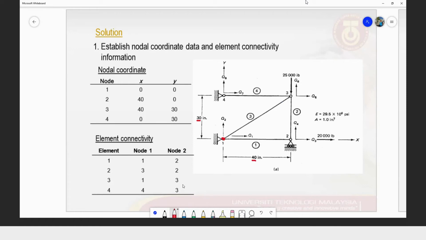For example, element number 1 here is not directly connected to element number 4, right? So they are separated. There is no direct connection between node 1, node 2, and node 3 and number 4. But it is connected to element number 2 first and number 3 before it can be connected to element number 4.